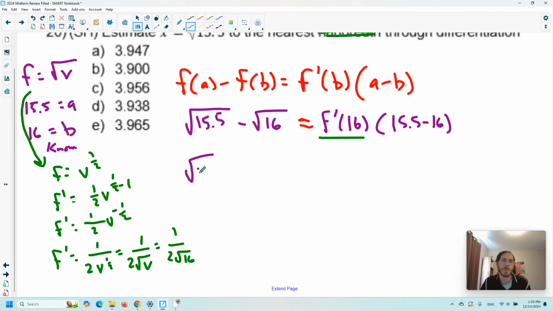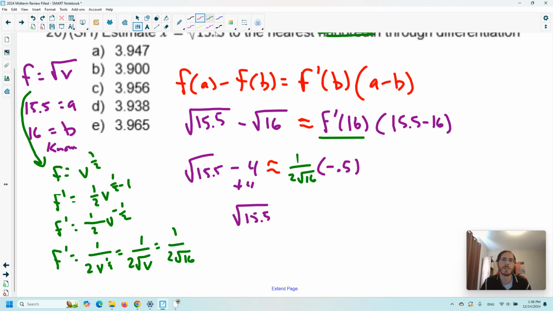So let's clean this up and see where we're at right now. So radical 15.5 minus 4 is about 1 over 2 radical 16, times negative 0.5. I think I'm going to add this 4 to the other side because this is what we're trying to figure out. So radical 15.5 is about, let's see what we got here.